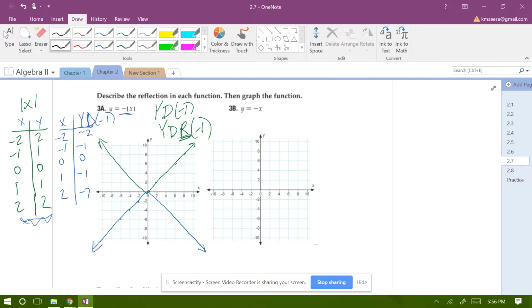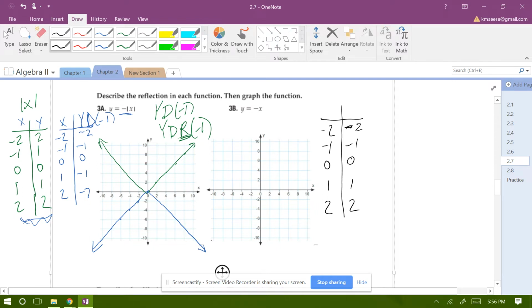For 3b, my parent function is just my linear equation, my identity function. So this is -2, -1, 0, 1. So there's my parent function. If I graph y equals -x, well, that actually is just the equation with a negative slope here.